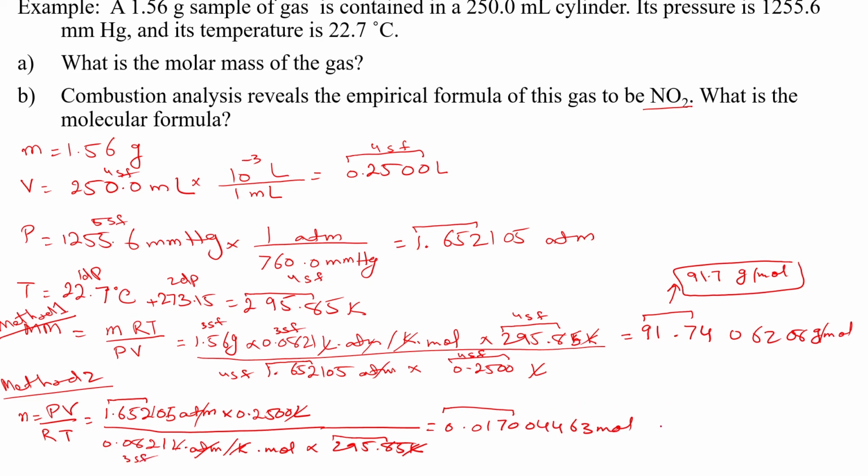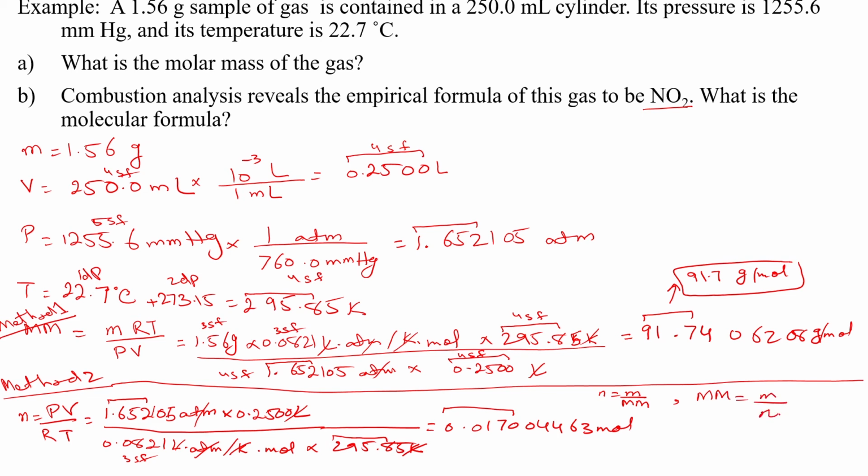Then you will use the other formula, which is n equals m over mm. And when you rearrange this for molar mass, you have m over n. So you are going to have 1.56 grams divided by 0.017004463, and your sig figs are 3 here.